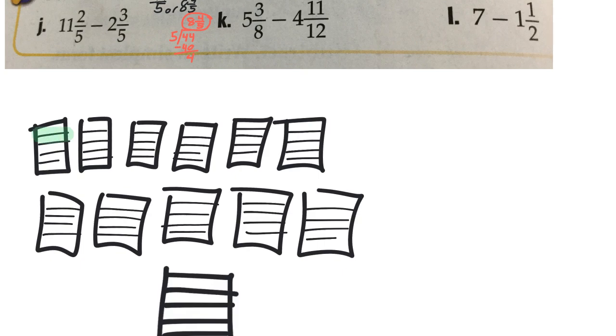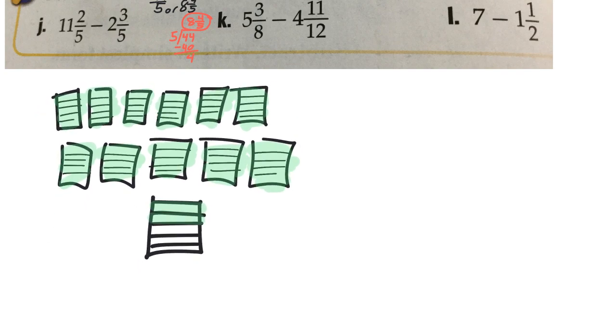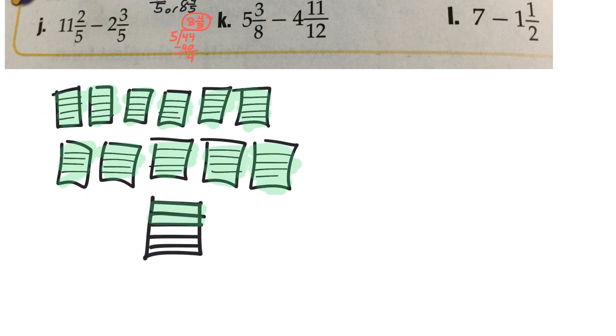Okay, so let's think. How many do we have total? Well, we've got 5 here, 10, 15, 20, 25, 30, 45, 50, 55, and then we're only picking 2 of these. So you do 11 times 5? Yes, so that would be 57 over 5 from the first one.